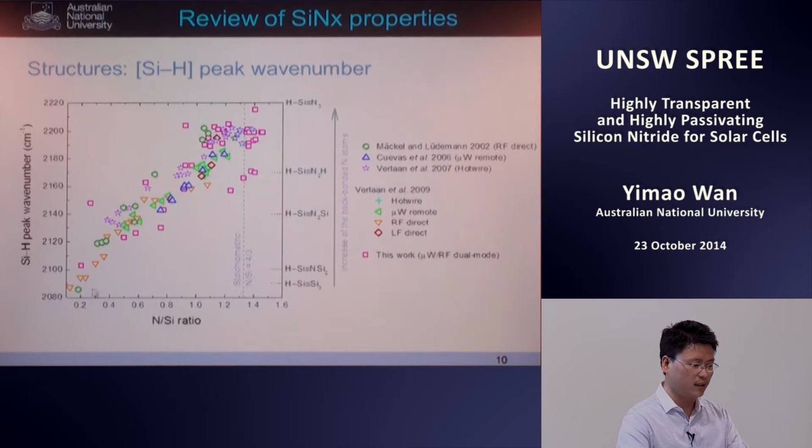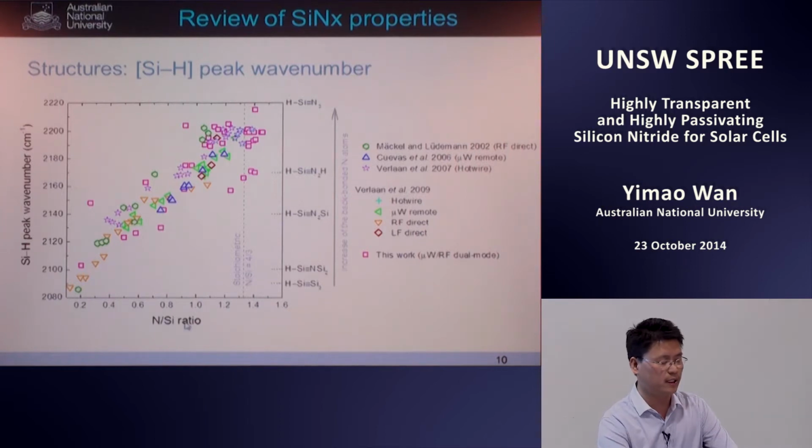And we can see a universal increase in the silicon-hydrogen peak wave number with the nitrogen-silicon ratio. So that means as more and more nitrogen atoms back bond to the silicon-hydrogen bond, as shown on the right hand side, the vibration peak wave number shifts higher.